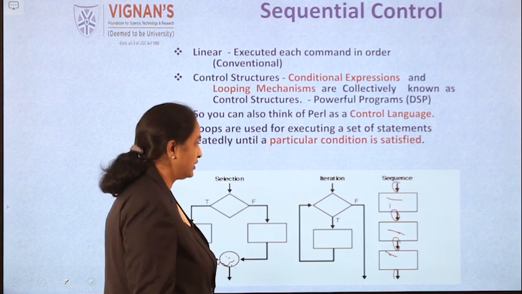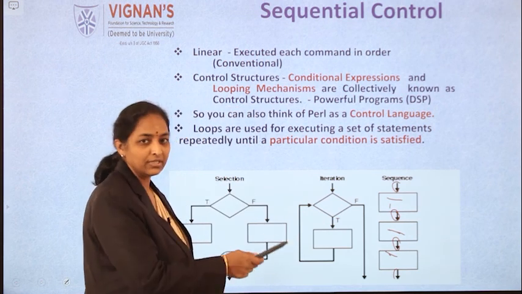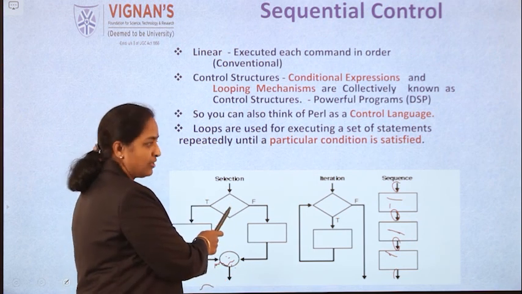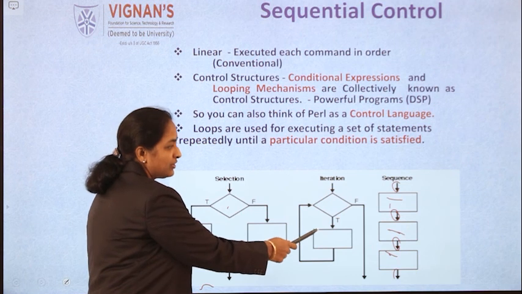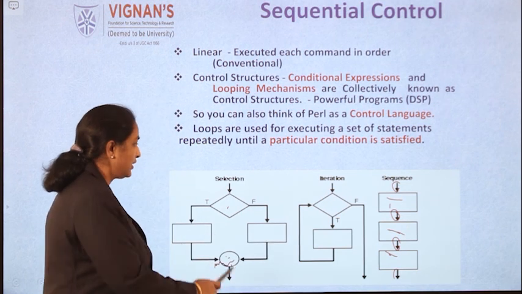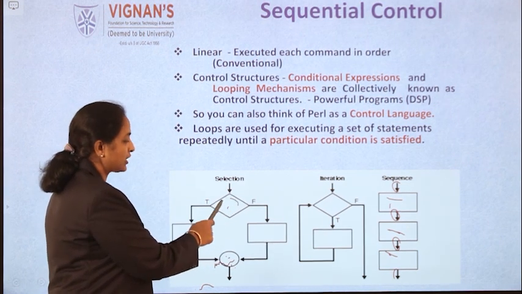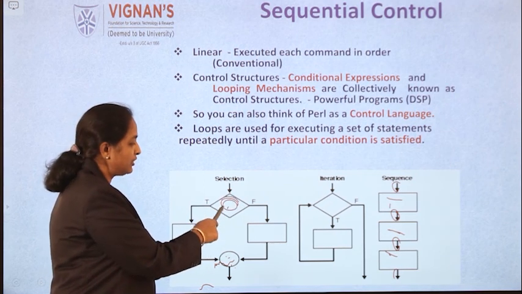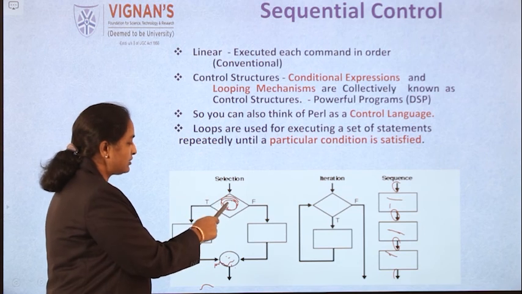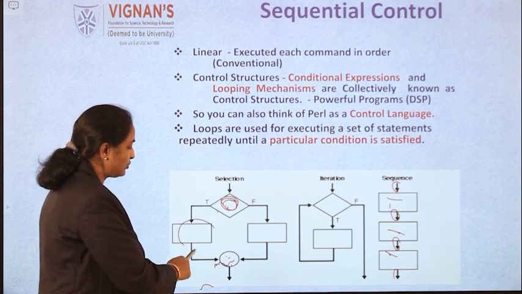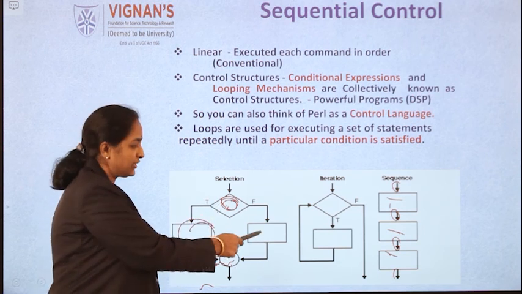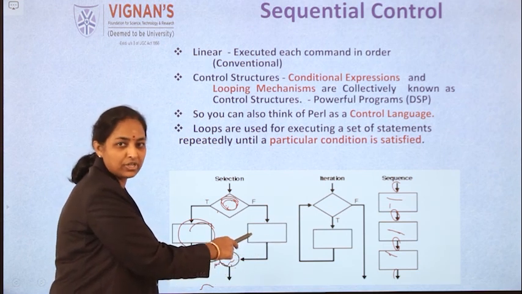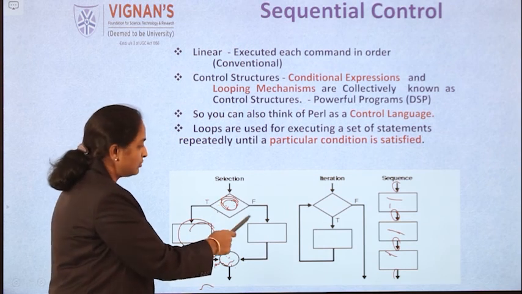Whereas coming to here, I already introduced you to two kinds of control structures. One is the selection kind, another one is the iteration kind. In case of selection, your condition is there. Whatever condition you want to check, that condition will be there. If the condition is true, you are going to execute this block of statements. If the condition is false, you are going to execute that block of statements.